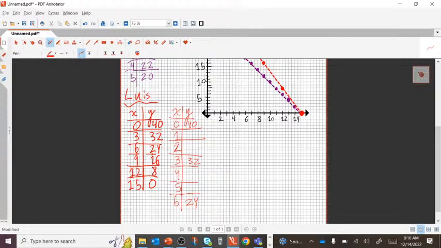What did you put in there? 8 divided by 3. If he's drinking 8 ounces every 3 hours, then 8 divided by 3 will tell you how many ounces he's drinking every hour. And what was that number? 2.6 repeating.